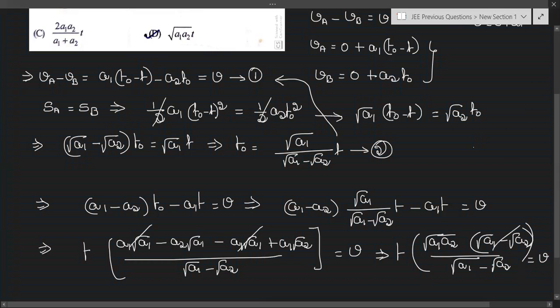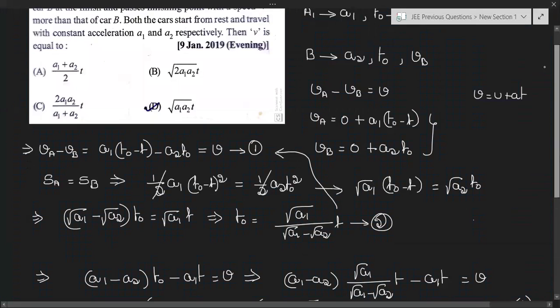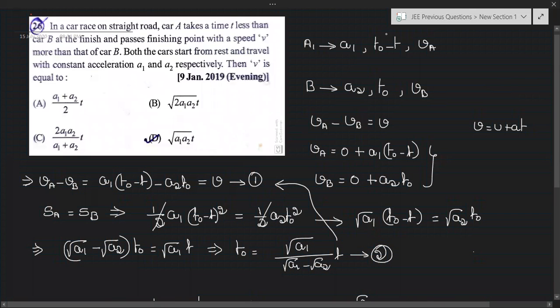Here root a1 minus root a2 will be cancelled. So that implies root of a1 a2 into t is equal to velocity. So here option D is the correct answer.